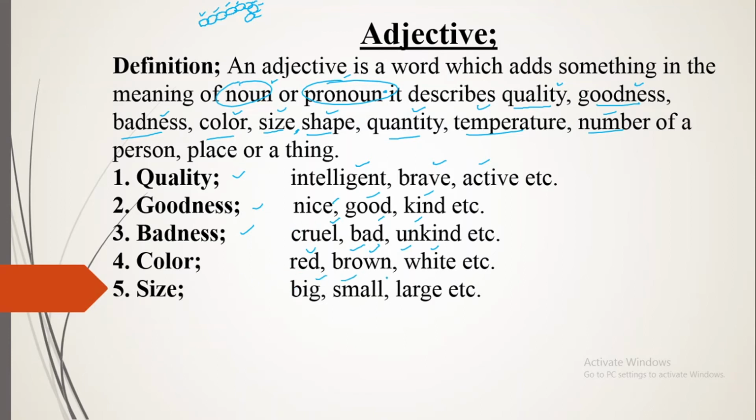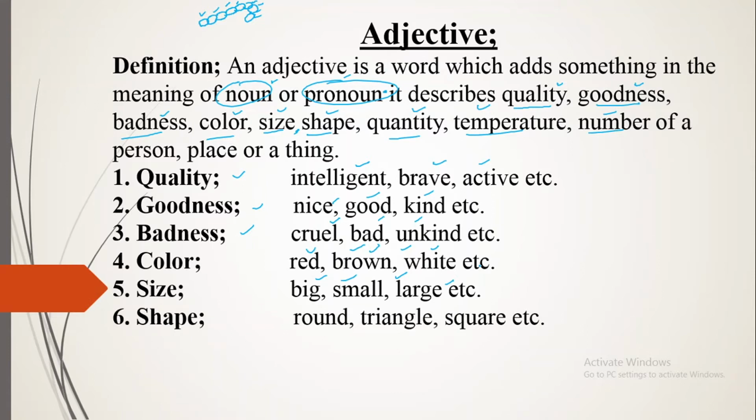Big, small, and large are the adjectives which describe the size. I said it is a big room, I have a small jacket, and he has a large room for the guests. So large, small, and big are adding something in the meaning of noun and pronoun. They are describing size.